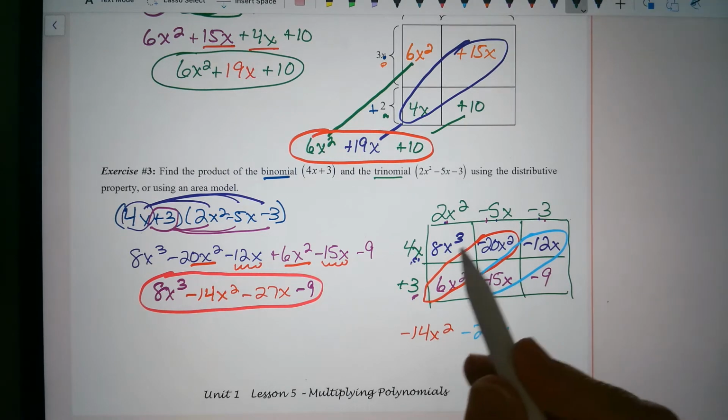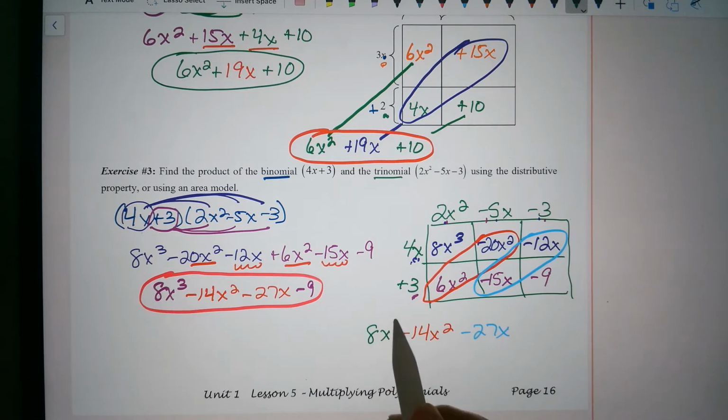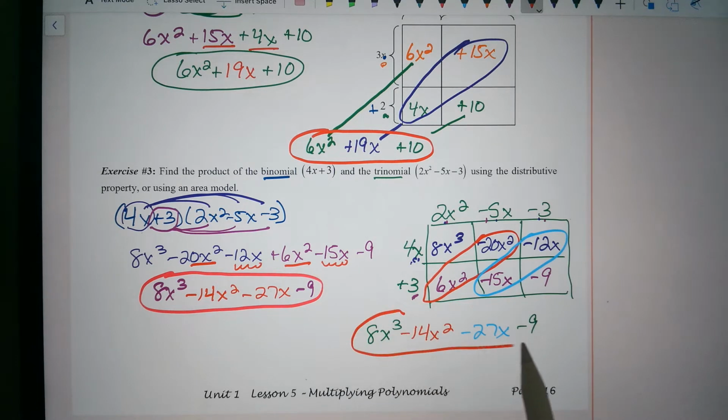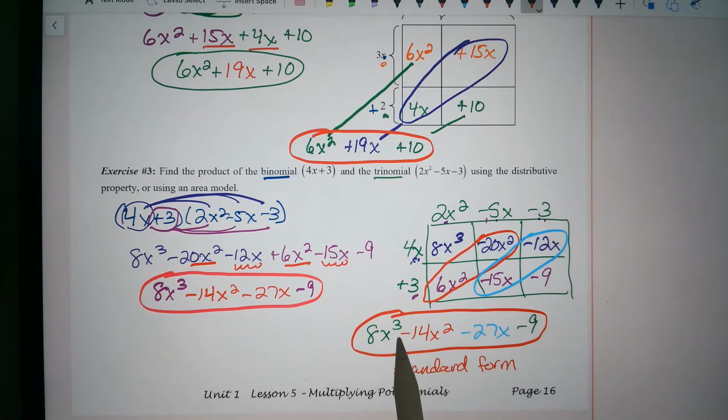And let's bring down our 8x cubed and our minus 9 at the end. Good, got the same result. And always, get in the habit of putting your polynomials in standard form, where the exponents go in descending order, greatest to least, 3, 2, 1, 0.